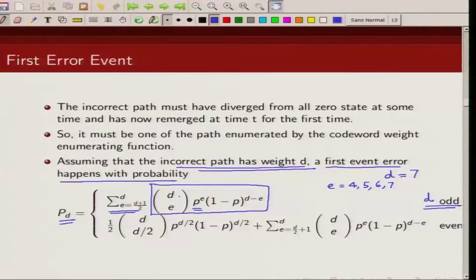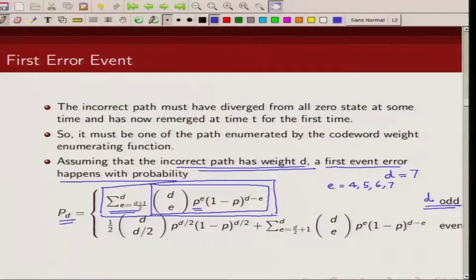And d choose e is the number of possible combinations in which we can have e error patterns among this set of d weight. So, this will give us the probability of first event error.